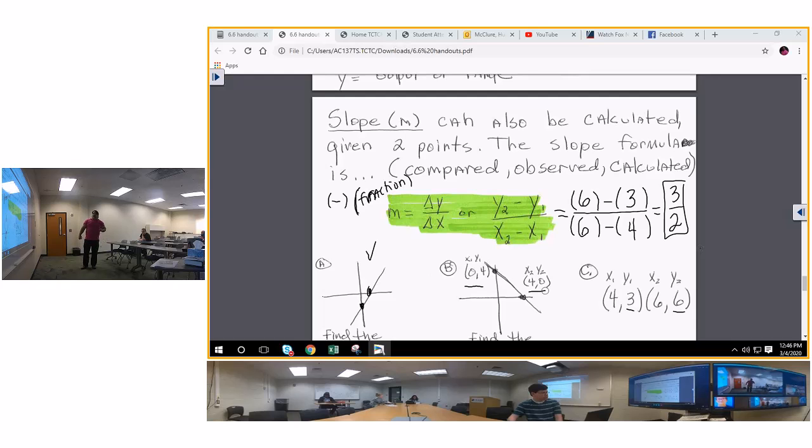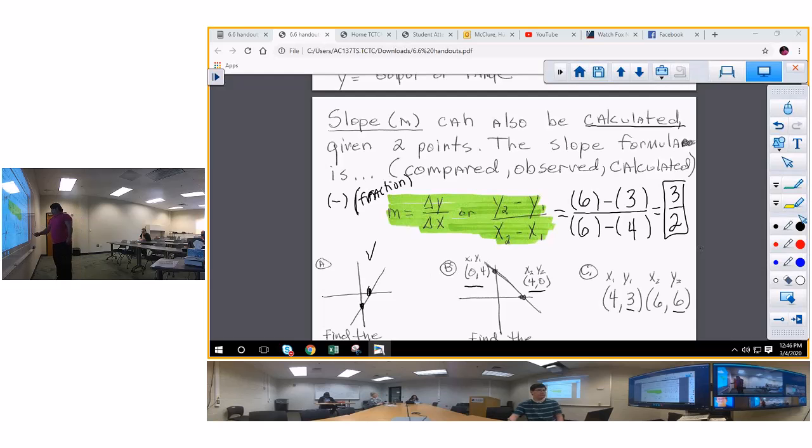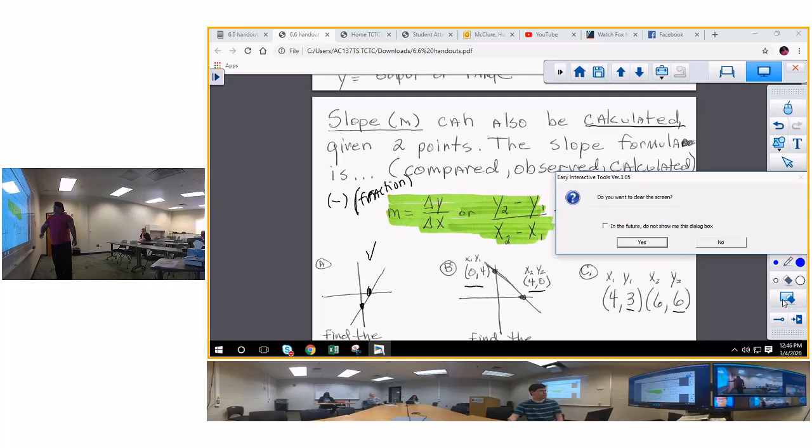And remember, are we finding the slope or are we calculating the slope? We're calculating. Finding the slope is just solving for y and seeing what's in that m spot. That's finding the slope. Capiche? So that's how you calculate the slope.